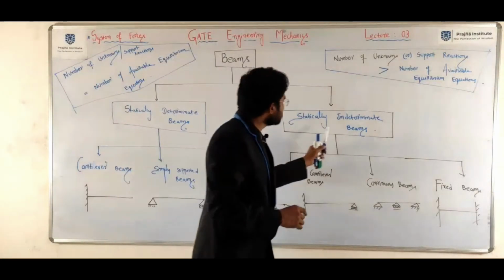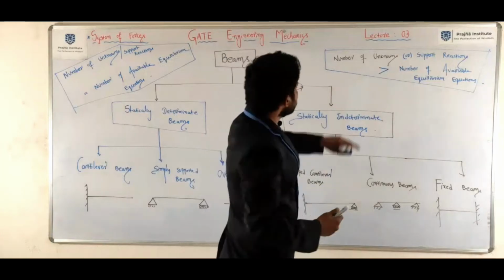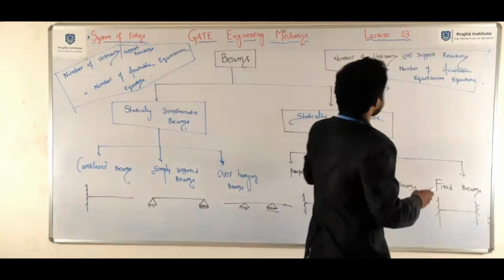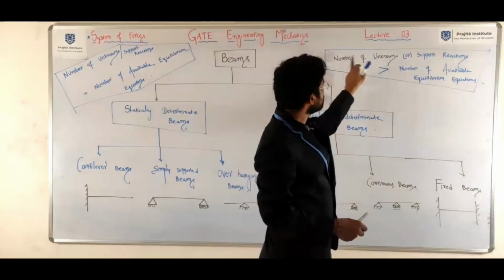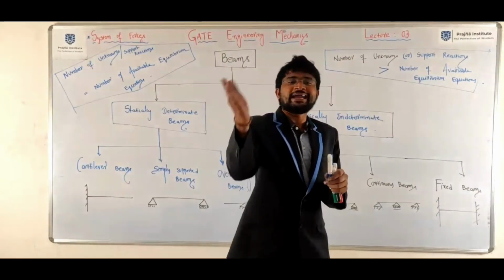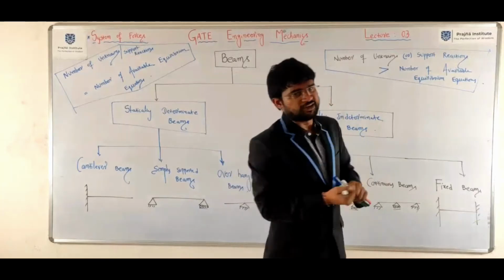Okay, so statically indeterminate beams. Number of unknowns or support reactions is greater than the number of available equations. How to make these two equal? By introducing a compatibility equation.